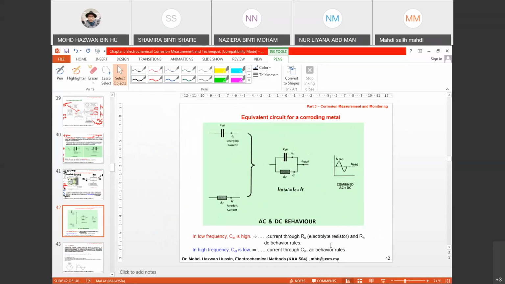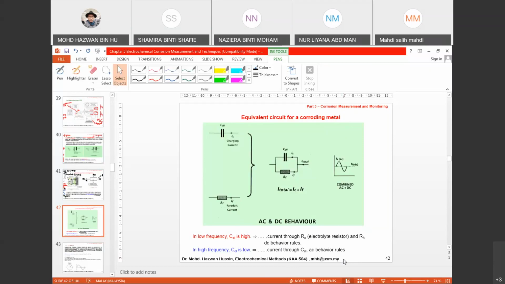At low frequency, the double layer impedance is high. So the current goes through RS, the electrolyte or solution resistance, and RP, the polarization resistance, and it will follow DC behavior. At higher frequency, where the double layer impedance is low, the current will go through the double layer, and this will give rise to the AC effect.